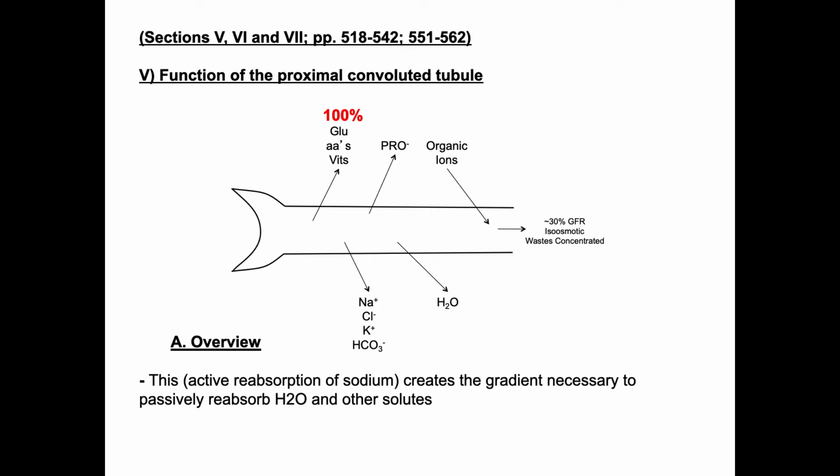Now typically in the proximal tubule, 100% of all the glucose, amino acids and vitamins that enter the proximal tubule are reabsorbed here.